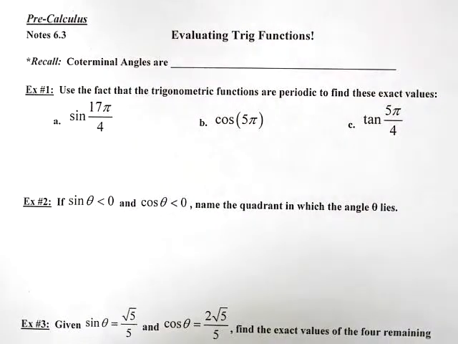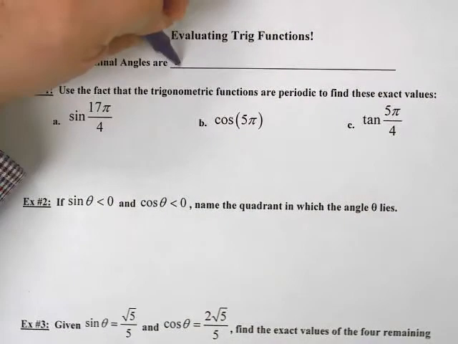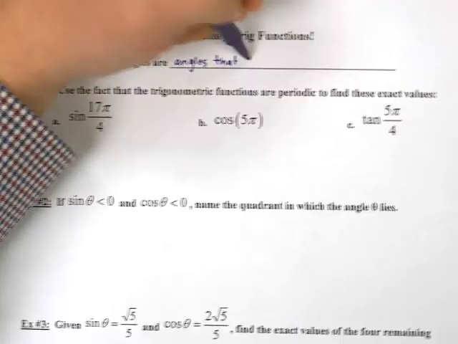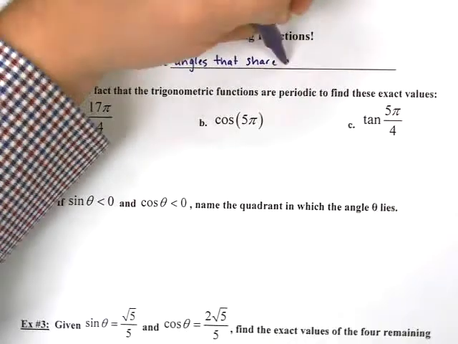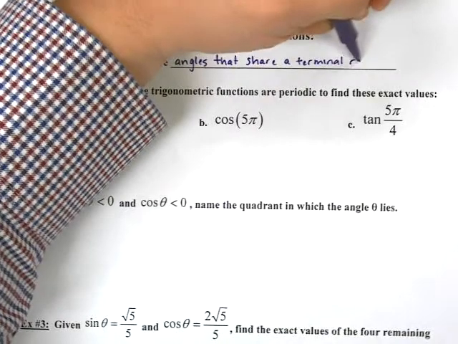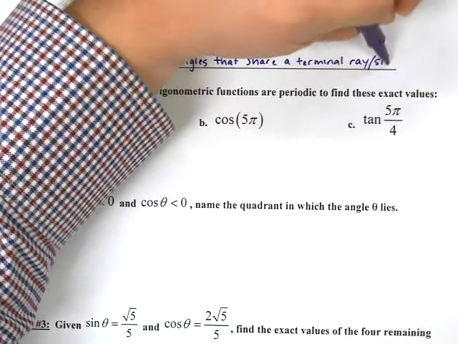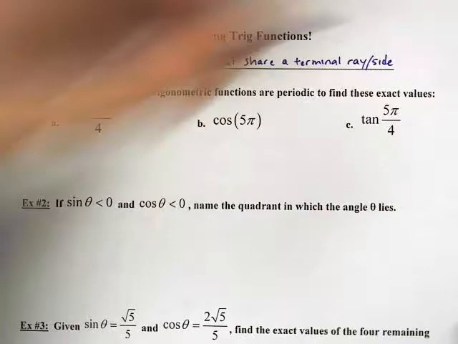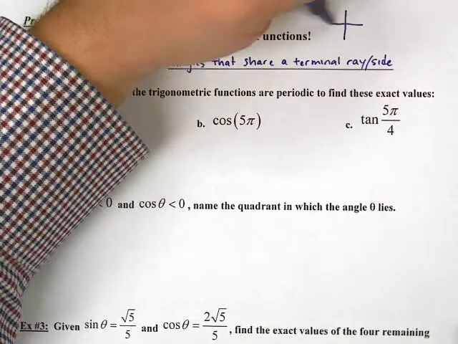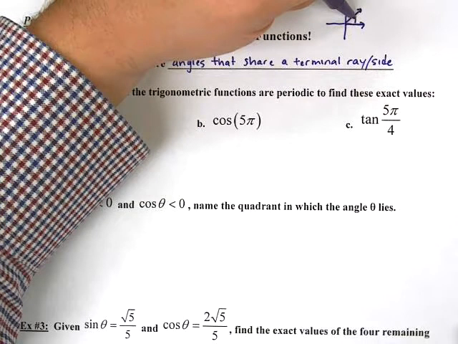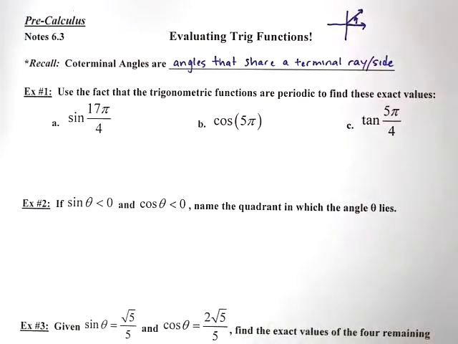Well, coterminal angles are angles that share a terminal ray. And I'm also going to put slash side, because sometimes we don't think about it as a ray. Like this angle right here, which is like a 45-degree angle, and this angle over here.